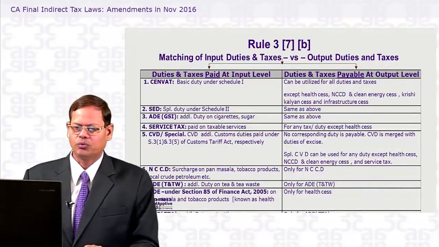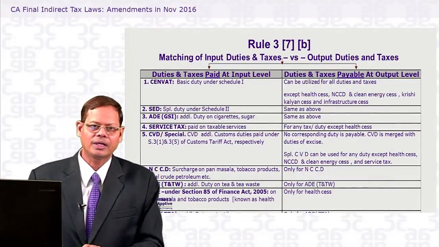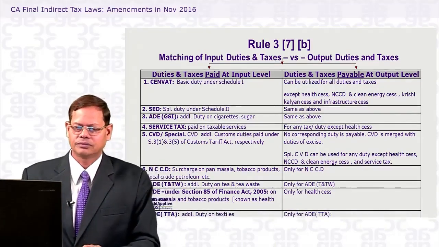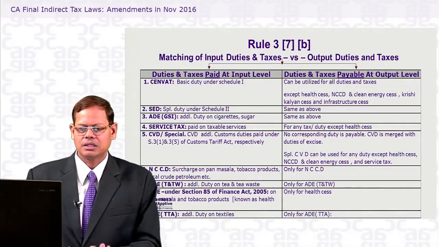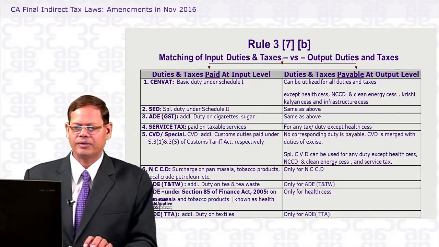Look at 1 to 5. Try to read this and try to hear me and understand carefully. CENVAT, ADE, GSI, service tax and CVD. These are the five things.